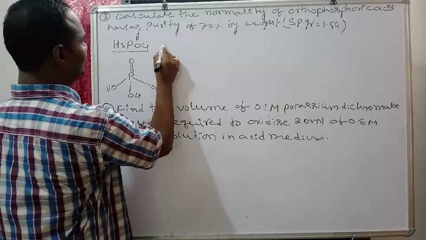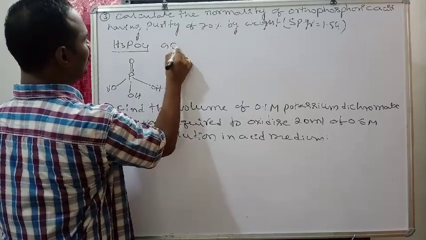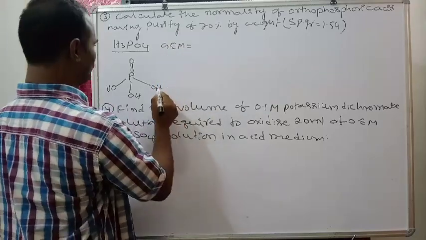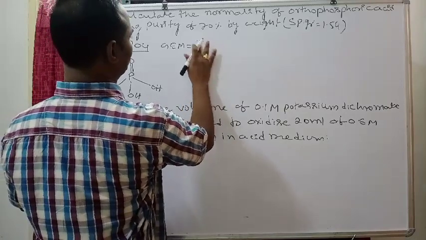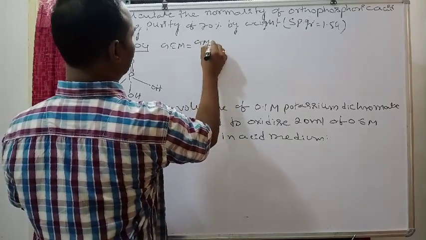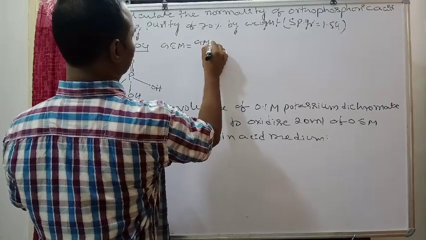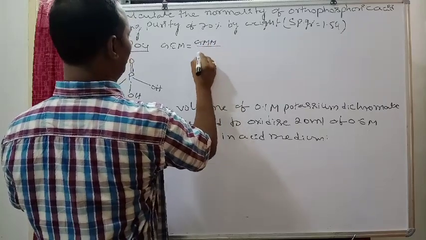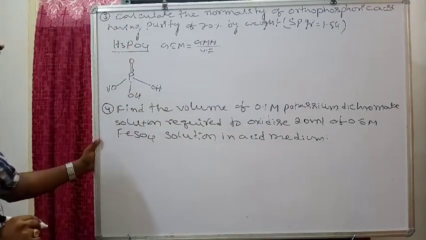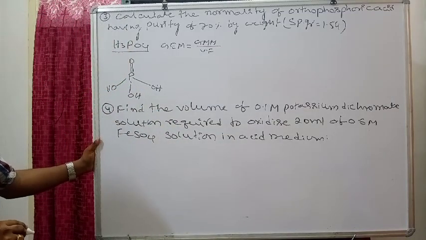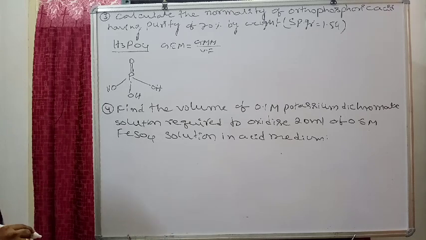Now in this acid, gram equivalent mass is equal to gram molecular mass by valency factor. For an acid, valency factor means basicity of the acid. Here basicity means the number of H plus ions released by one molecule of acid.